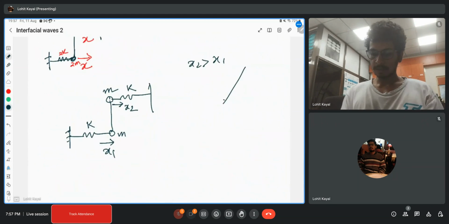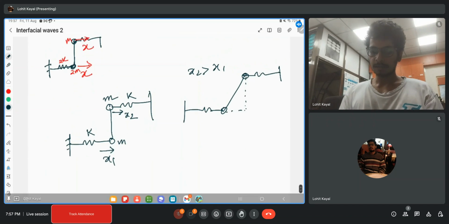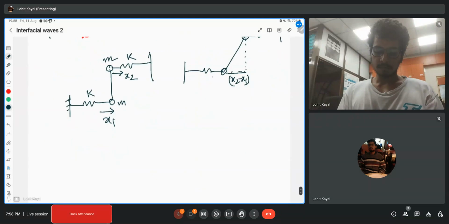So the shape is just like the same problem. Last time I got confused about which of x2 or x1 will be greater and what the shape should be. Not now. If x2 is greater than x1, it will be moved further compared to x1. As a result, this length is x2 minus x1. This is mass 1, mass 2.